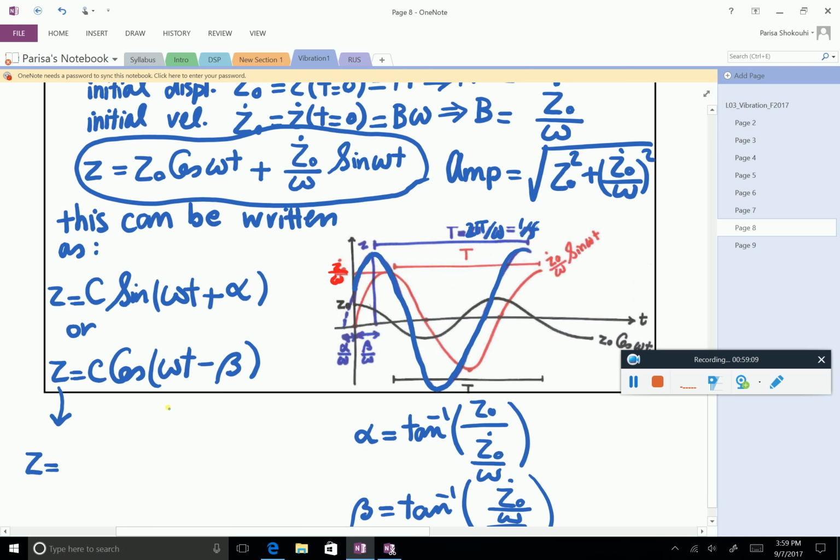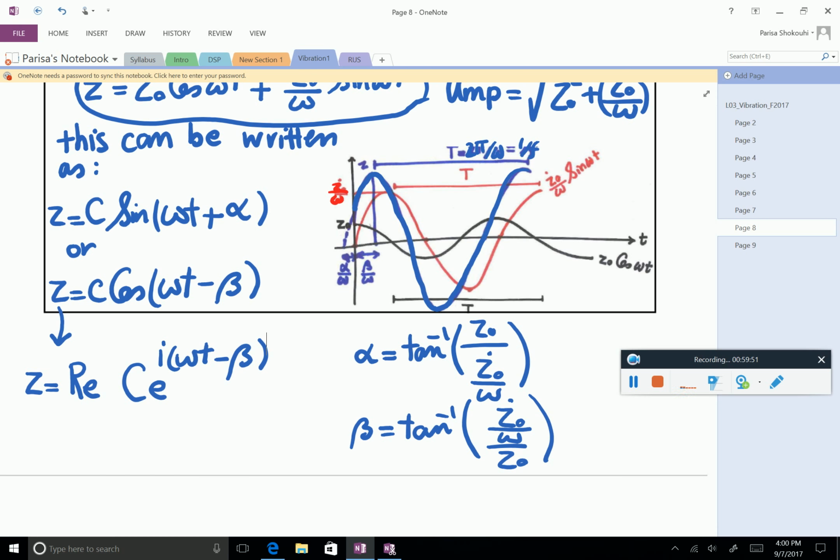It is easy to see that z can be written as the real part of C e to the i omega t minus beta, because the real part of that exponential is a cosine. Why do we like exponentials? Because it's very easy to calculate derivatives with exponentials. They're great, so it's very useful to get used to seeing exponentials instead of sine and cosine.